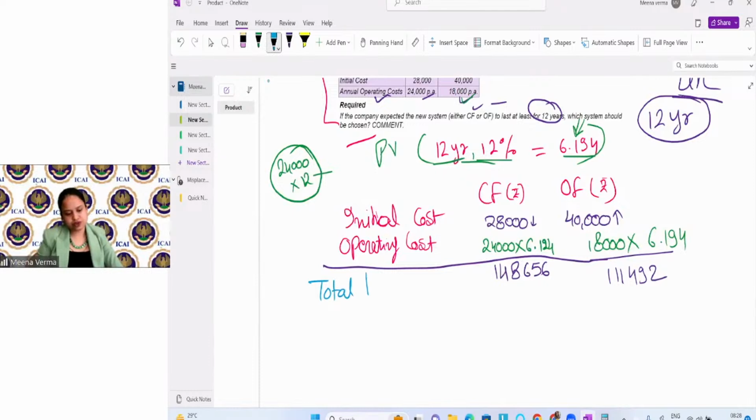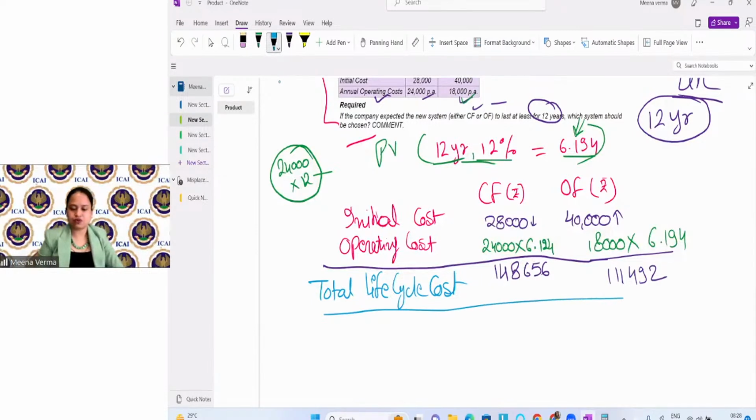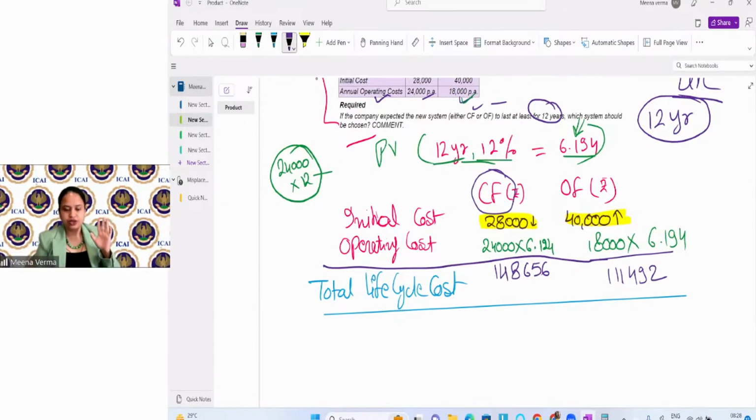This is the total cost which you will incur over the entire 12 years for the product. Now you can imagine it is not good to take the decision by just considering the initial cost. Because if you just consider the initial cost, you will say, okay, the initial cost for CF is less, let's buy this product. Just by watching the initial cost, you will decide CF is good.